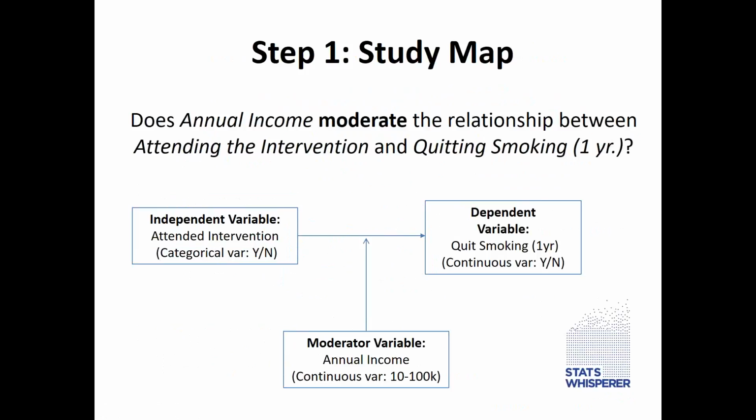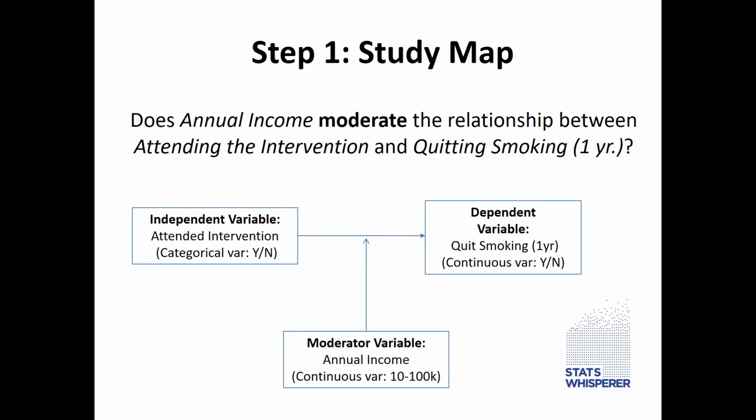Now, don't forget, we are not only looking at the direct effects, such as the direct effect of the intervention on quitting smoking, we are also going to examine indirect effects in this webinar. Specifically, we're going to look at the indirect effect of income moderating the relationship between attending the intervention and quitting smoking.